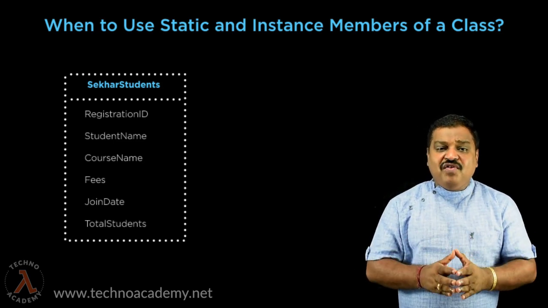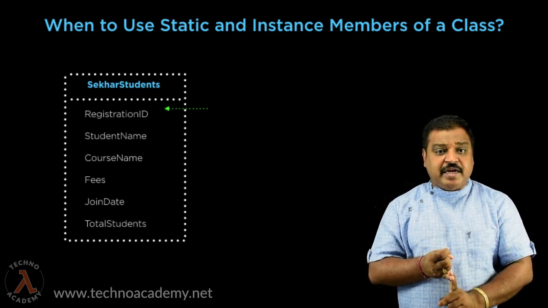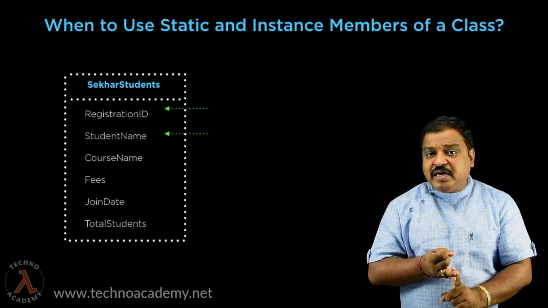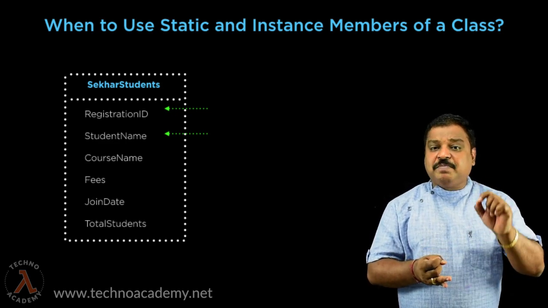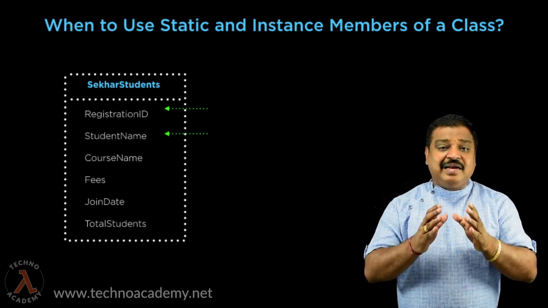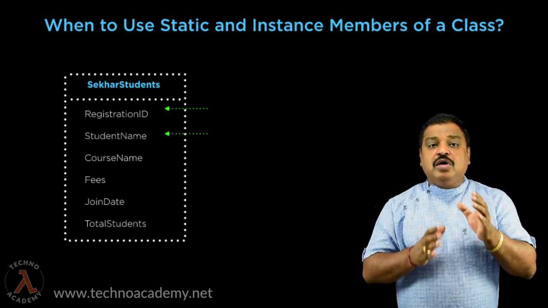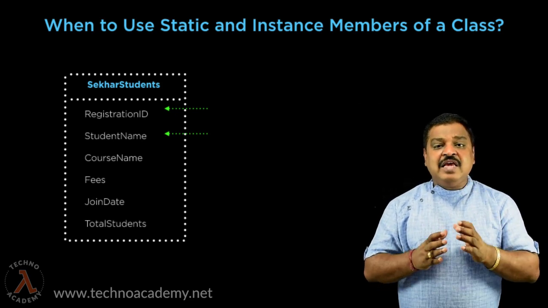If we observe, every student will have a unique registration ID. Every student is individual, so the name of the student will also be specific. I provide trainings for more than 30 plus courses, so the individual student might join in any course.